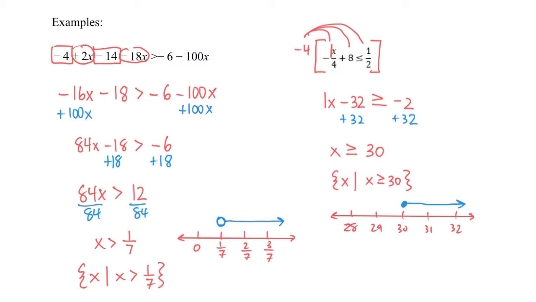What this means is that if I take any number here, 31, 32, 33, 34, forever, and I plug it in for x, I'm going to get an inequality statement that's true. Let's not lose sight of what it means to be a solution. This has infinite solutions. All the numbers that are greater than or equal to 30, if I plug them in for x, I get something that's true. And that's it. Now you can go practice.